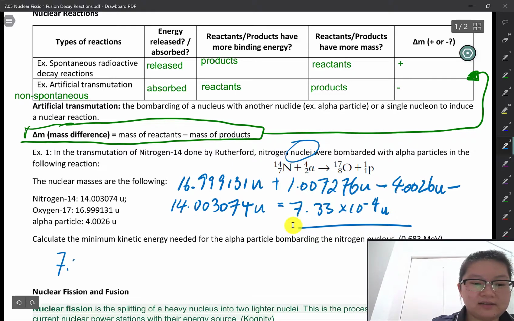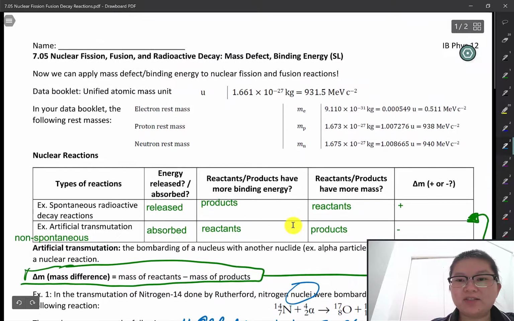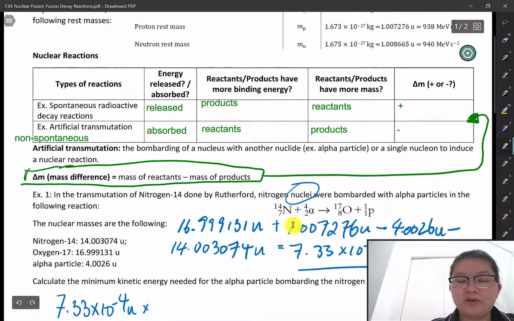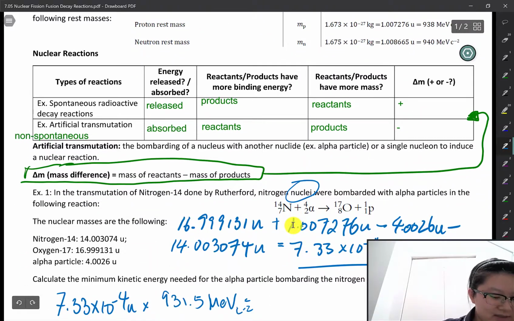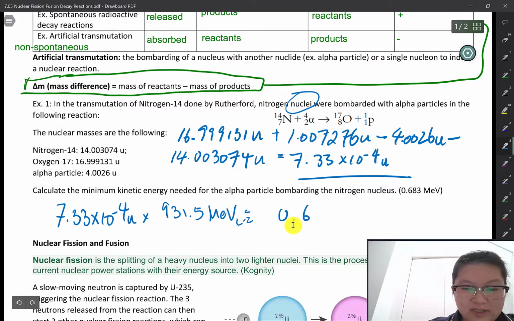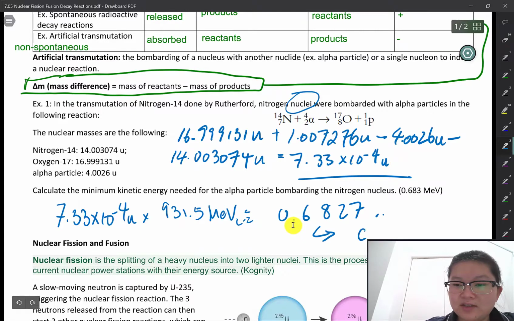Multiplying by the atomic mass unit conversion, which is 931.5, I'm going to get 0.6827, which rounds to 0.683 mega electron volts. There we go.